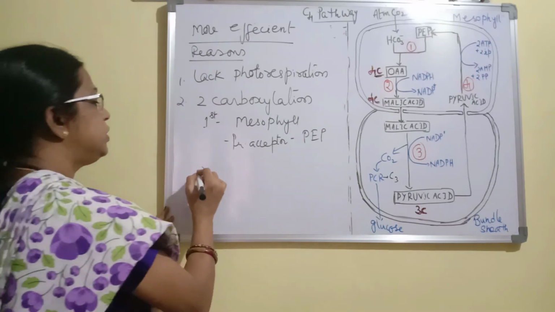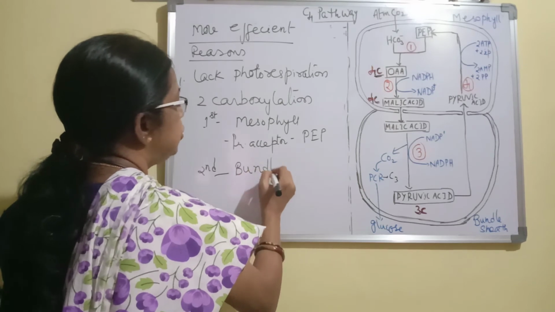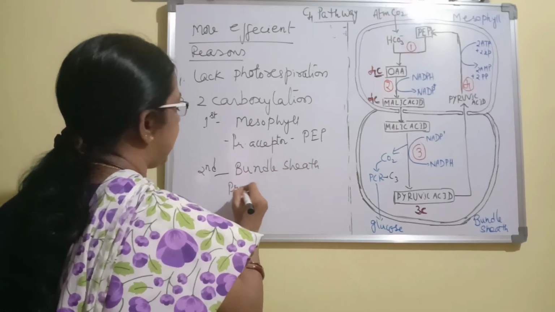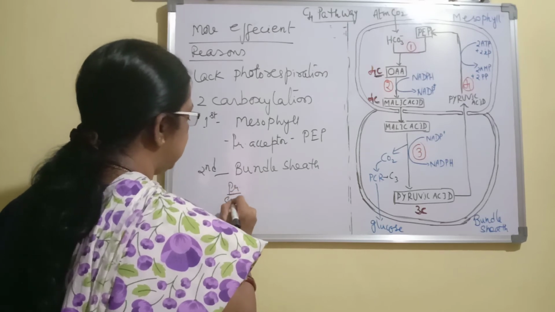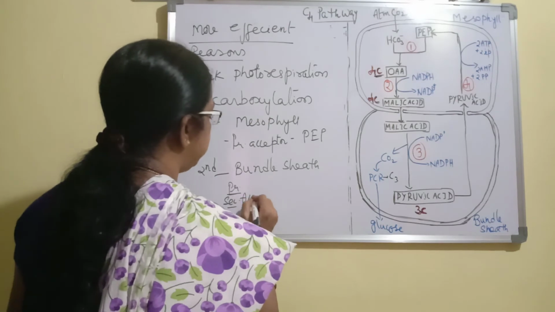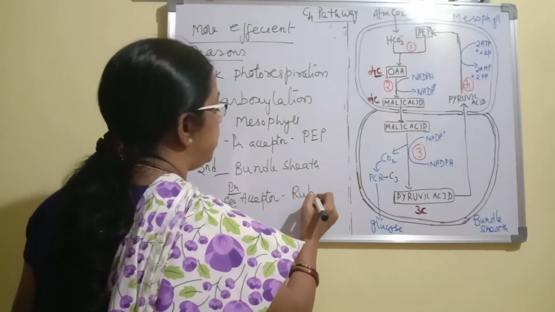Then the second carboxylation is taking place in bundle sheath cells. Here we call it a secondary acceptor because it is taking place later. The secondary acceptor of carbon dioxide here is RuBP.